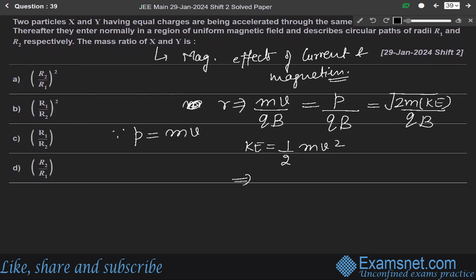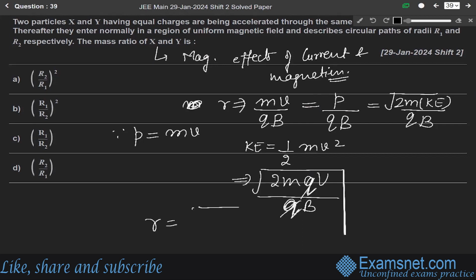Here KE is qV, so it becomes under root of 2m qV over qB.